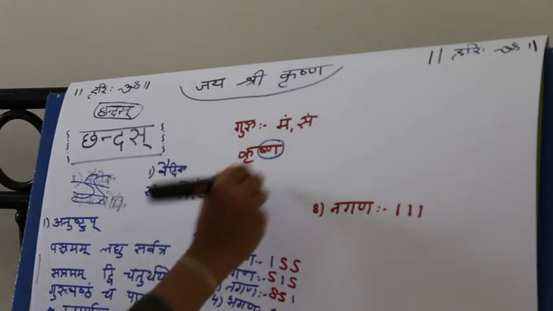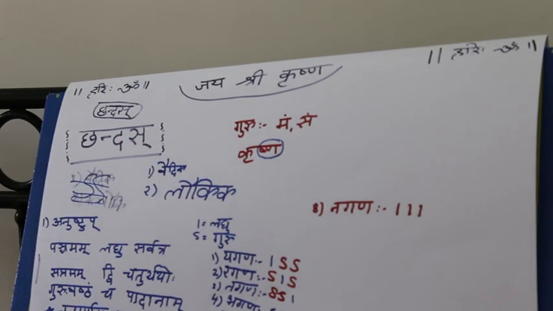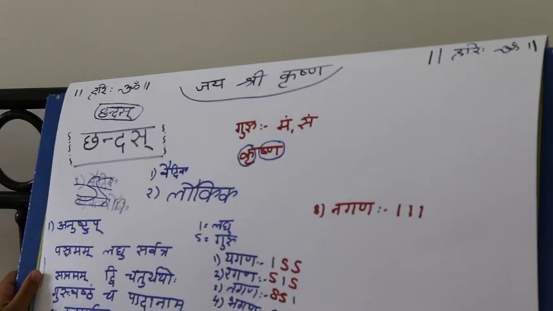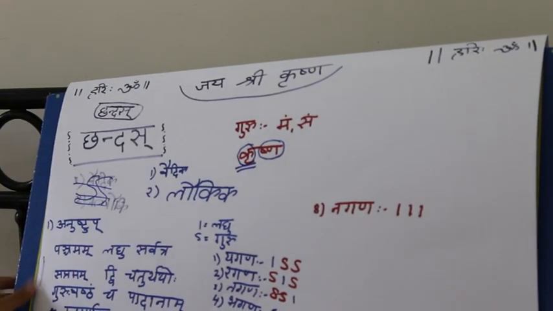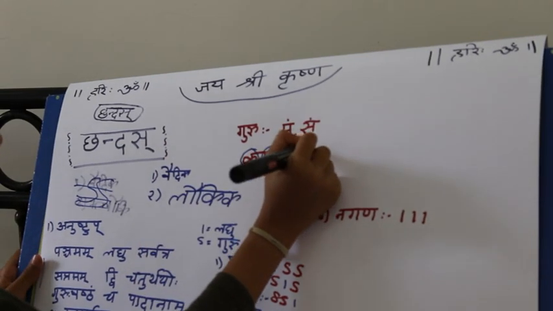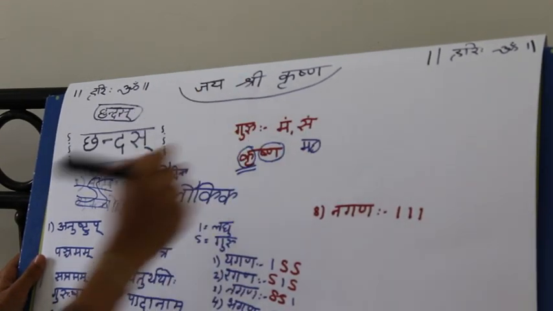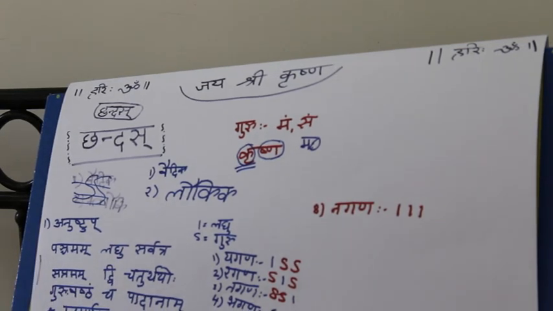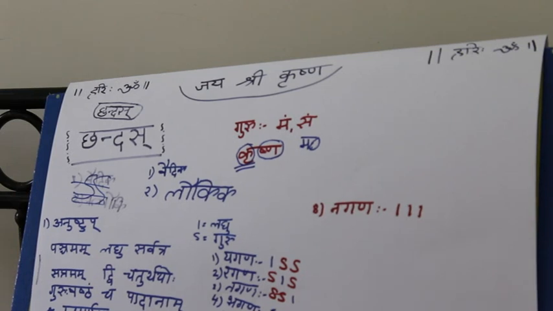Any letter before that, here Kr, becomes Guru. So this one is a Guru letter. These are the options for a Guru. Then the next one is Maha: anything that has a Visarga, like Aha, also becomes a Guru. Now that we have understood this concept of Guru and Laghu, we can start seeing Anushtup.